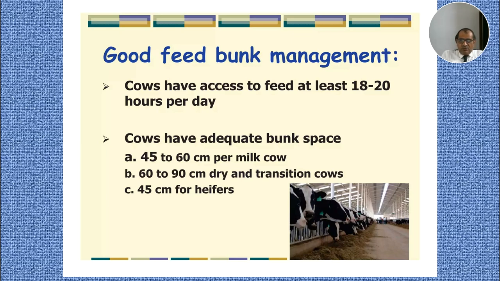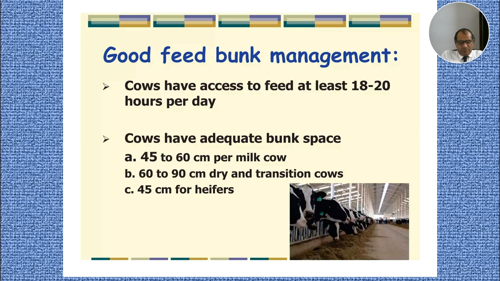So cows must have adequate bunk space: for a milking cow, 45 to 60 centimeters per cow. So adequate bunk space should be there from the place where the animal is. 60 to 90 centimeters for dry and transition cows, and last is 45 centimeters for heifers.